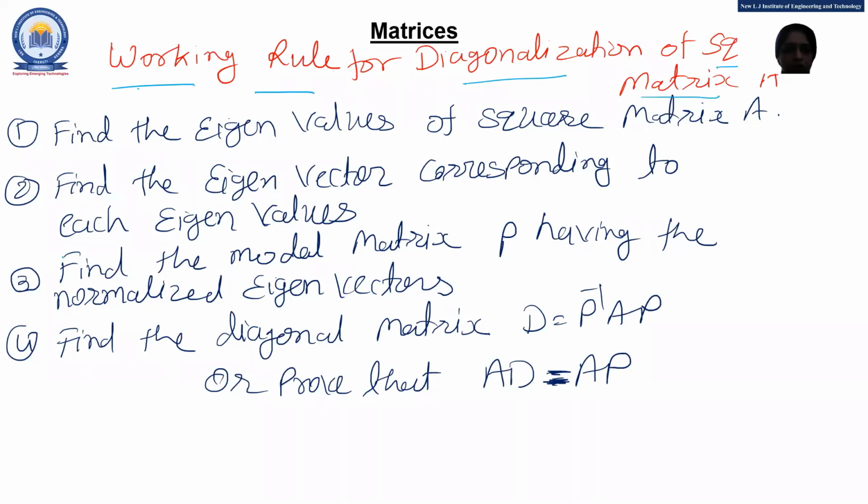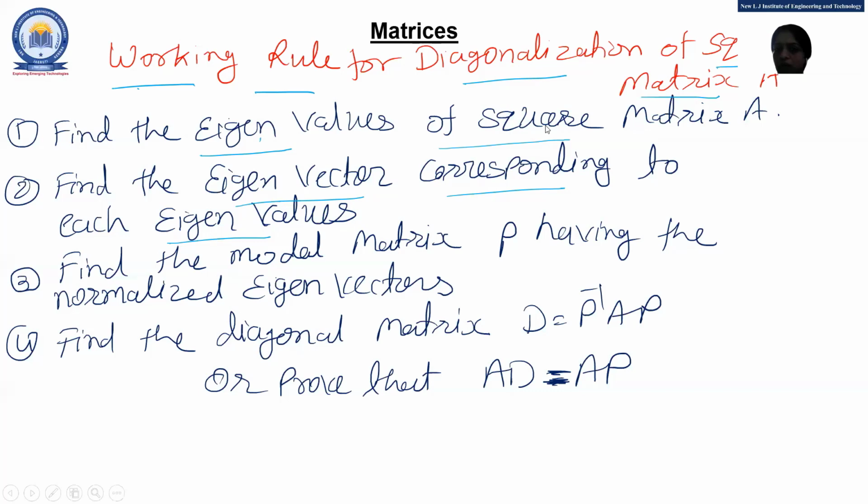Working rules for the diagonalization of a square matrix A. Number one, find the eigenvalues of the square matrix. Number two, find the eigenvector corresponding to each eigenvalue. In the previous lecture, I already told you eigenvalues and eigenvectors are most important for the next topic, right?